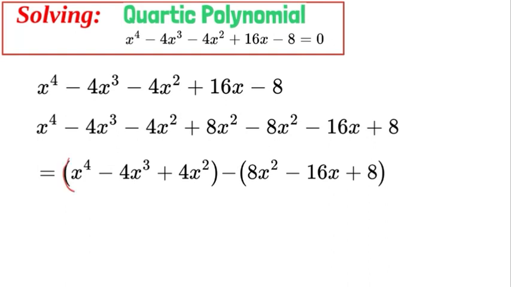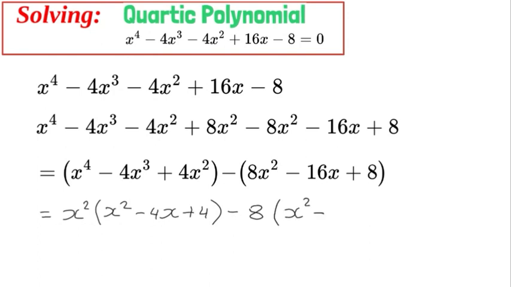As you can see here, we can factor out x squared. Factored out x squared, then inside we have x squared minus 4x plus 4, so you know that's a square. Also, we're going to subtract 8 out, and look, this will give x squared minus 2x, and we have a minus 1 as well.